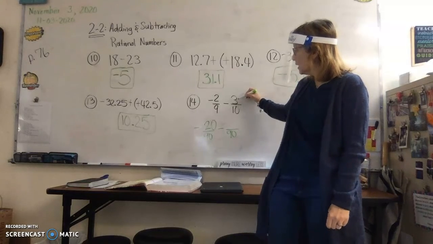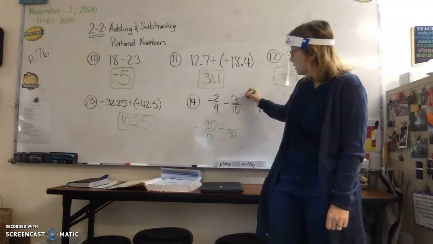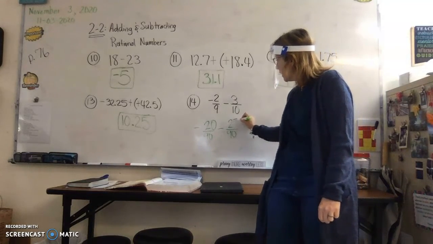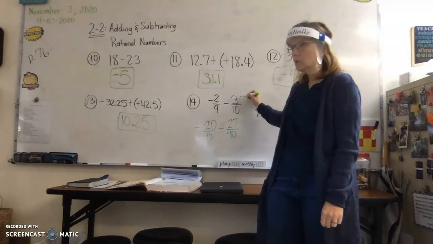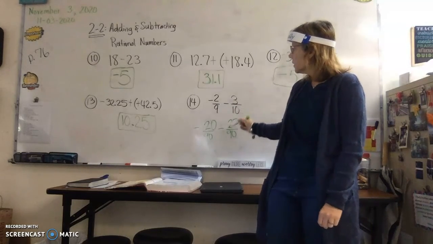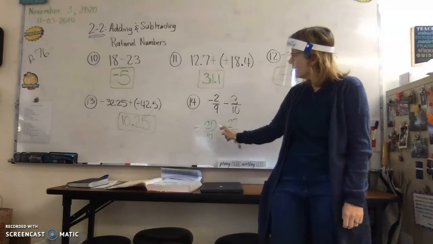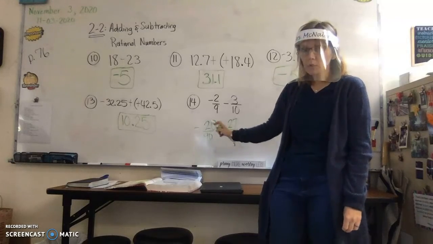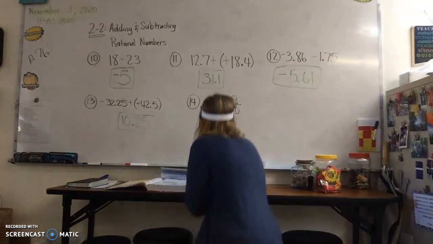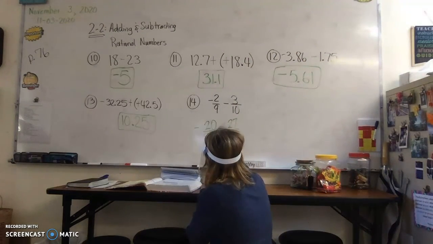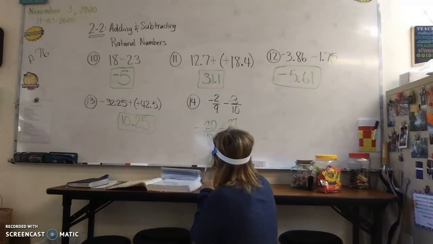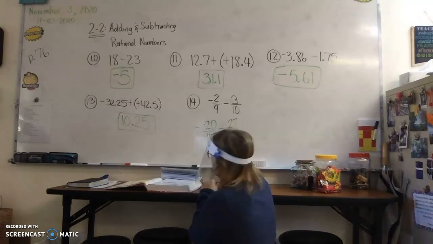What's 3 times 9? 27. Okay, yeah. So now my signs are the same, so I'm going to add my top numbers. 20 plus 27 is 47, but the answer keeps the negative sign, and the bottom number stays the same.